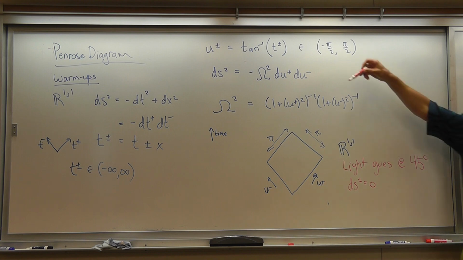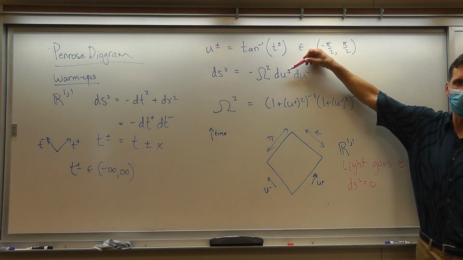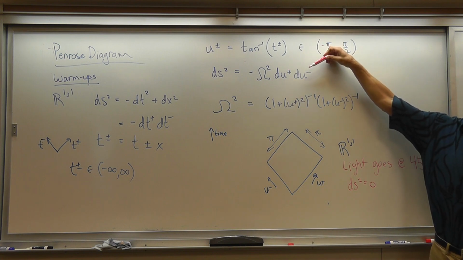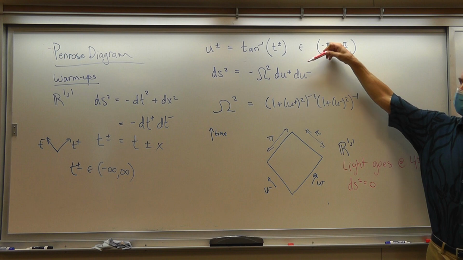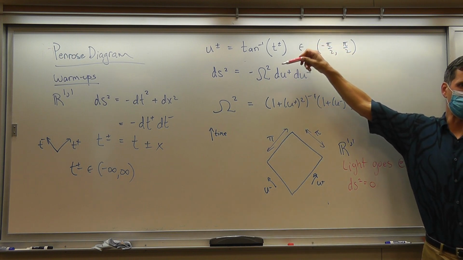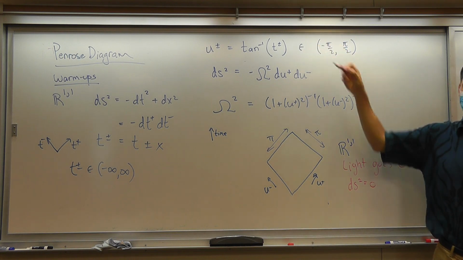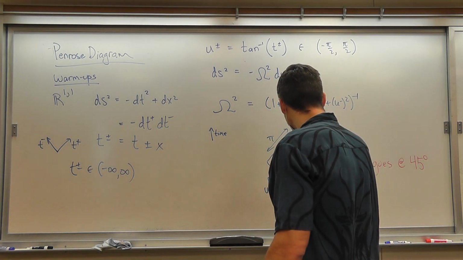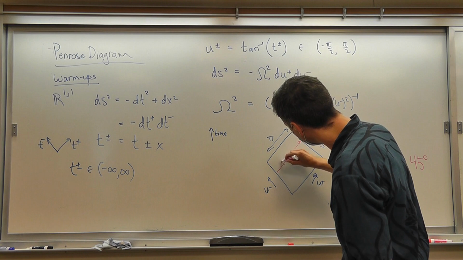So if we either fix u⁺ and look at a light ray in the u⁻ direction, or vice versa, that'll be a null ray. This is a null geodesic, the path of a photon.